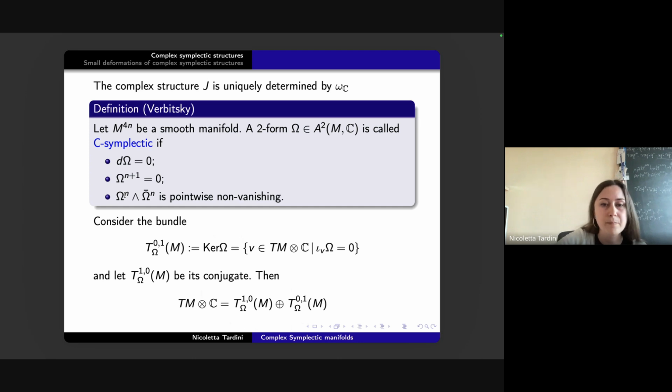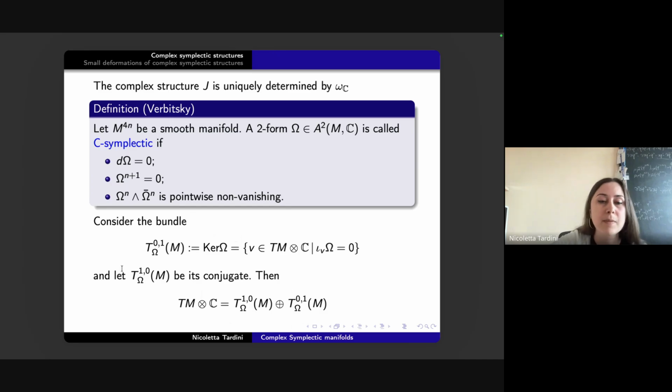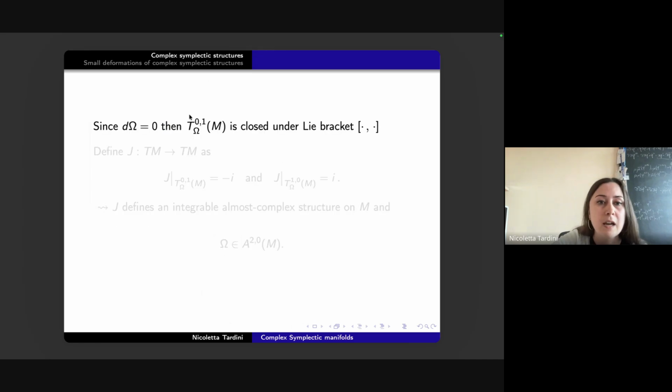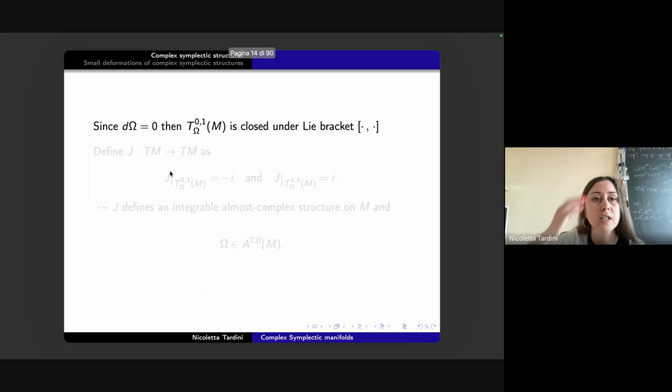So now you probably see where I'm going, because now we are defining an almost complex structure, actually a complex structure. It turns out that if you assume that omega is closed, just like in the first condition of this definition, then T01 is closed under Lie bracket.